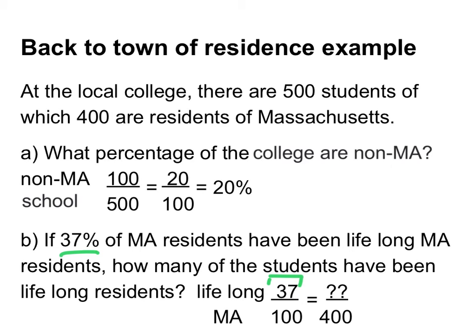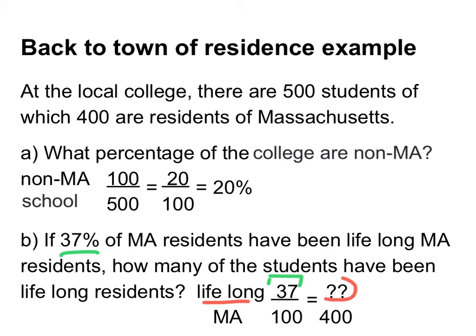Then the 37 goes with the part that you're looking at, what you've selected. So we've selected the lifelong Massachusetts out of the current Massachusetts. So there's my 37 over 100. So then I need to fill out one of the other numbers on the other side. Well, I don't know in this college the lifelong Massachusetts.